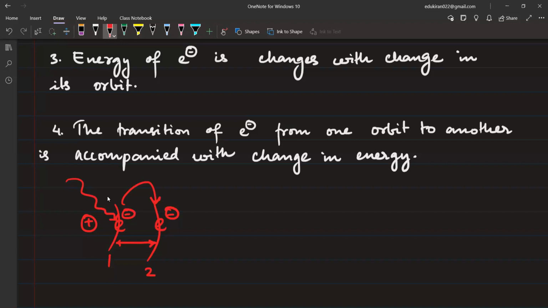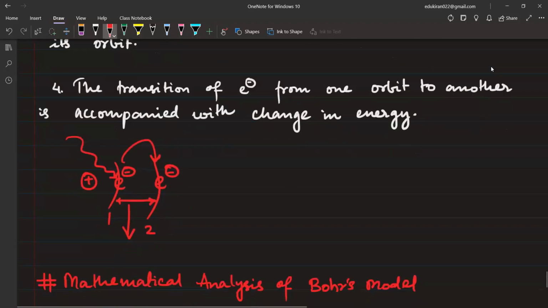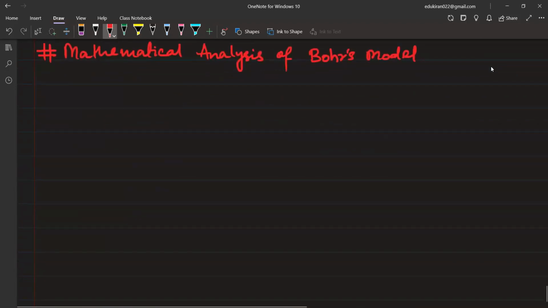I mean, the position of electron does not change, only the energy changes. So these are not actually speaking shells, but we say that it jumps from 1 to 2 so that you understand it a bit well. It goes from first shell to second shell, and it is accompanied with change in energy.